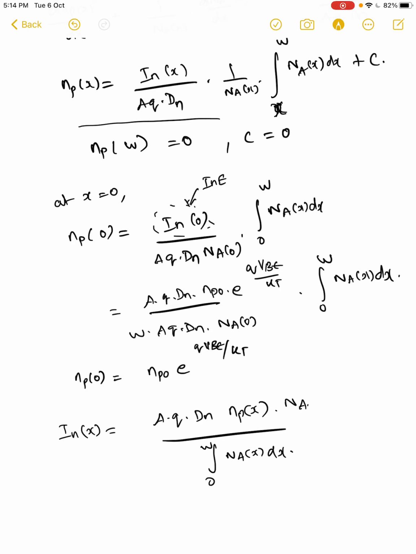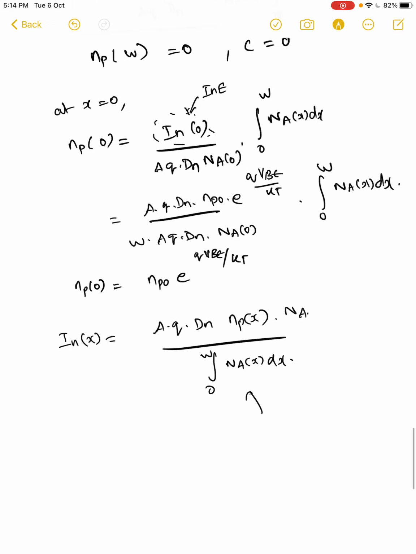Now let's substitute this Na(x) integral to be something like Na plus, right?